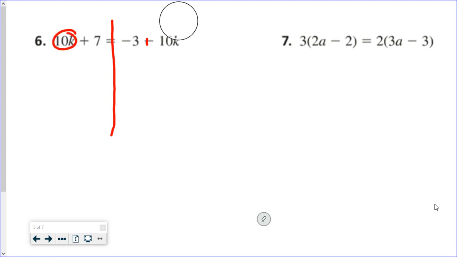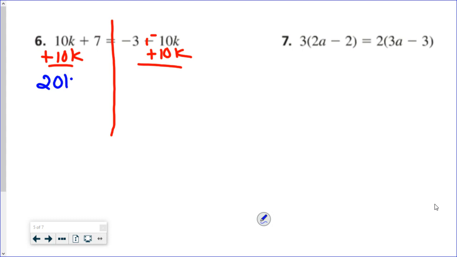Which one's smaller? Negative 10 is much smaller, so I'm going to keep, change, change. Add 10K, add 10K. You might think they're going to go away. No, no, no, no. This gives me 20K plus 7 equals, now this side does, negative 3.